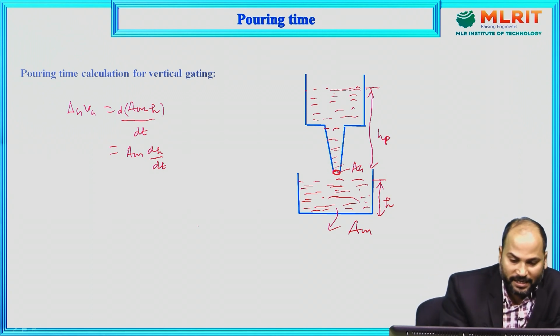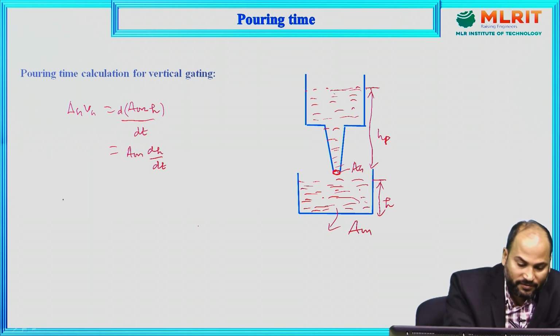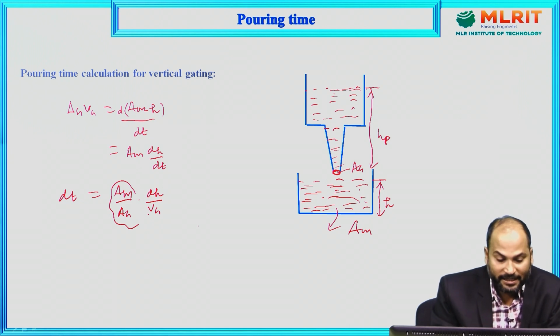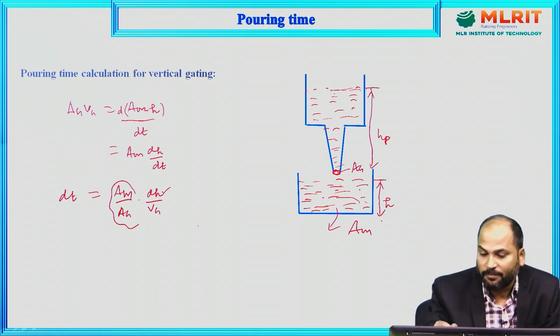This equation we can write, if we change this one, so we can write dt. If we take this one to the left side, we can write dt is equal to simply AM upon AG into dH, and this we can write as Vg. So these three terms, that is AM, area of the mold cavity, AG, area of the gate, and Vg, velocity of the gate, all three are independent from this H, because H is not dependent on this one.